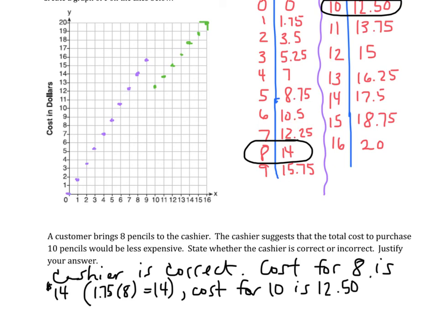And again, where does that come from? $1.25 times 10 is $12.50. Okay, so the cashier is correct. And then justify your answer. I did. I explained why, because I said what the cost for 8 is and also what the cost for 10 is. And so definitely it would be a better deal for that person to just get 2 more and pay less money.